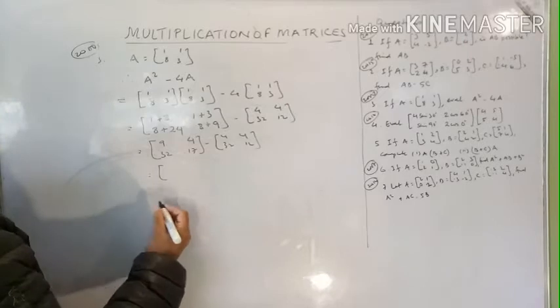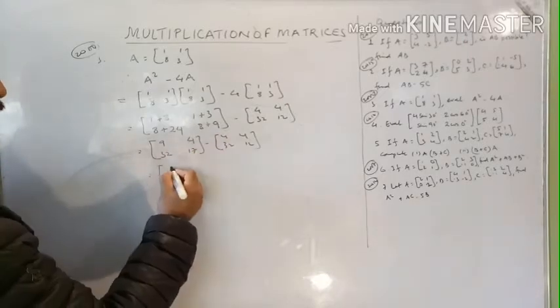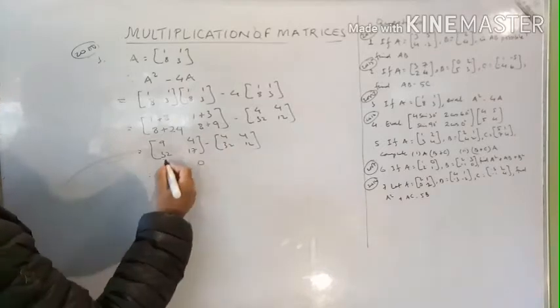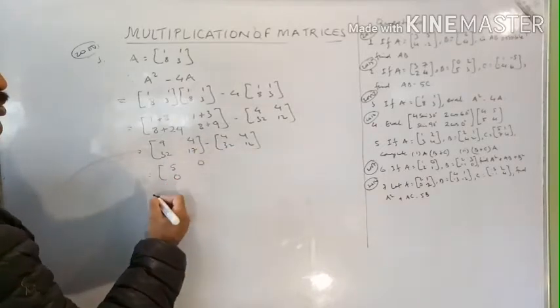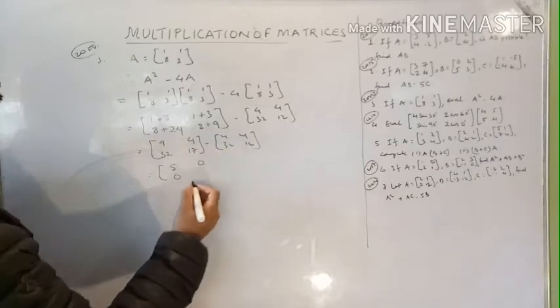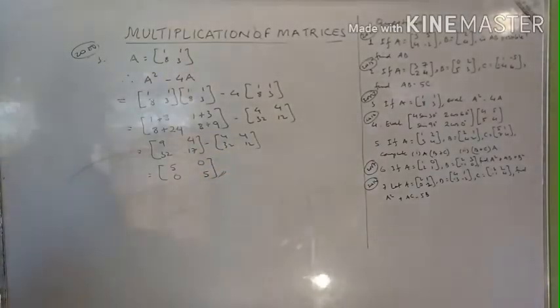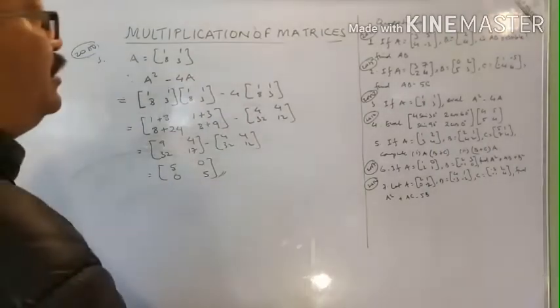Now subtract here. 9 minus 4 is 5, 4 minus 4 is 0, 32 minus 32 is 0, and 17 minus 12 is 5. So 5 0 0 5 is the answer. Okay, that's number 3.